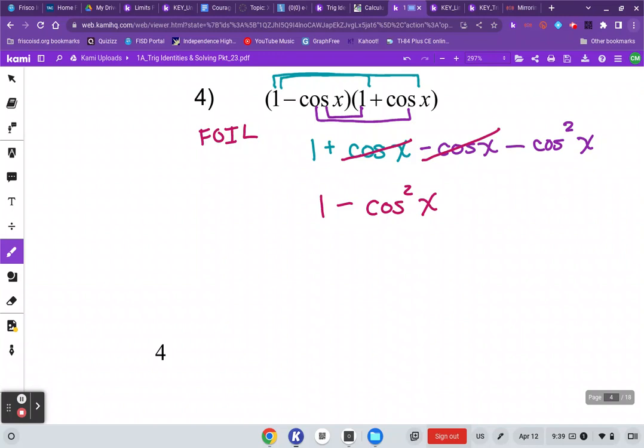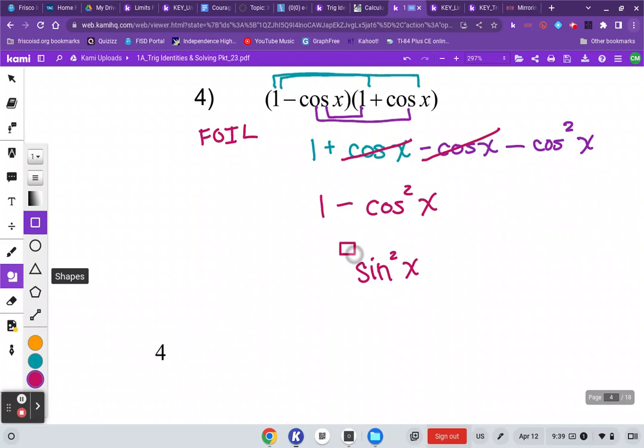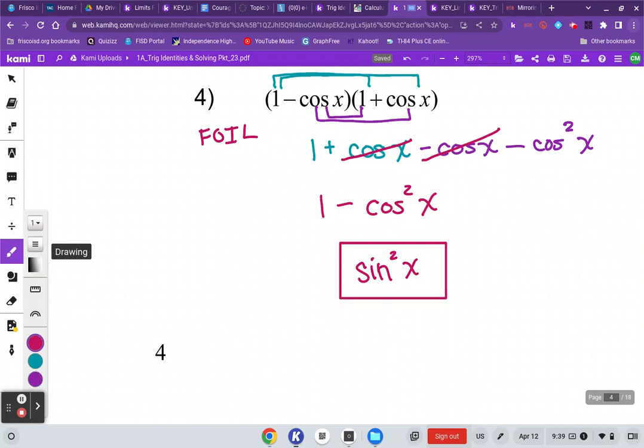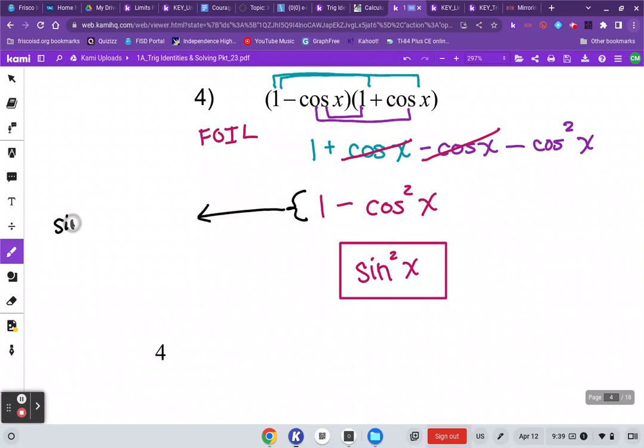It's going to be sine squared. For this part right here, you have to recognize that it belongs as this identity, sine squared plus cosine squared equals 1.